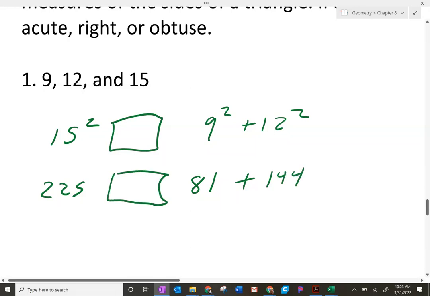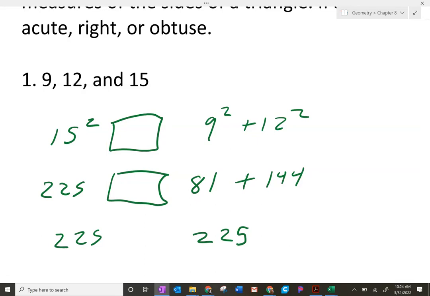Still have that box. I got 225, and this side added up together is going to be 225. What symbol will go in between those? The equal sign. If it's an equal sign, what type of triangle is it going to be? Right triangle.